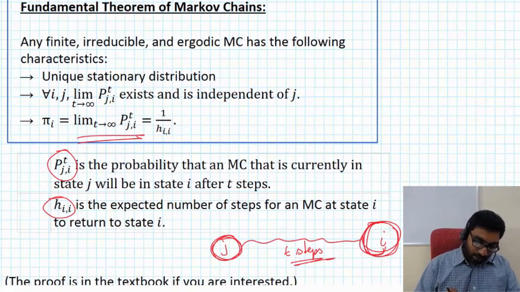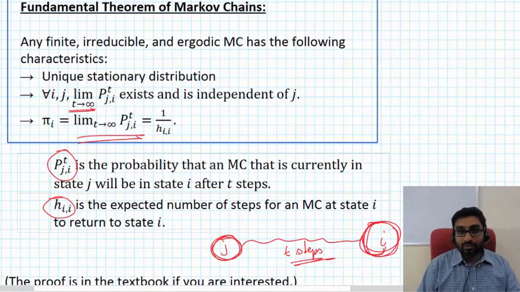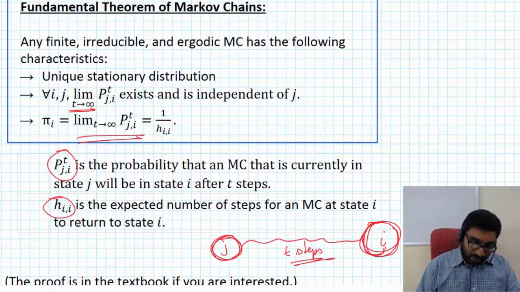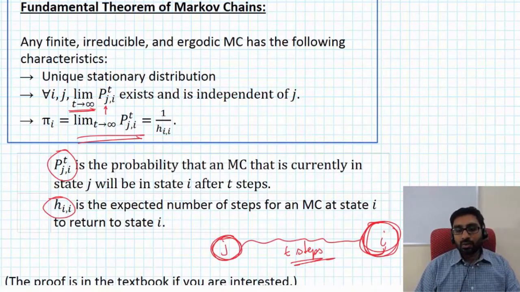We're interested in that probability with t tending to infinity. This theorem states that that probability exists, and moreover, it's independent of j. So this little j really doesn't matter. Regardless of where you start, as t tends to infinity, this probability is going to converge to the same value.